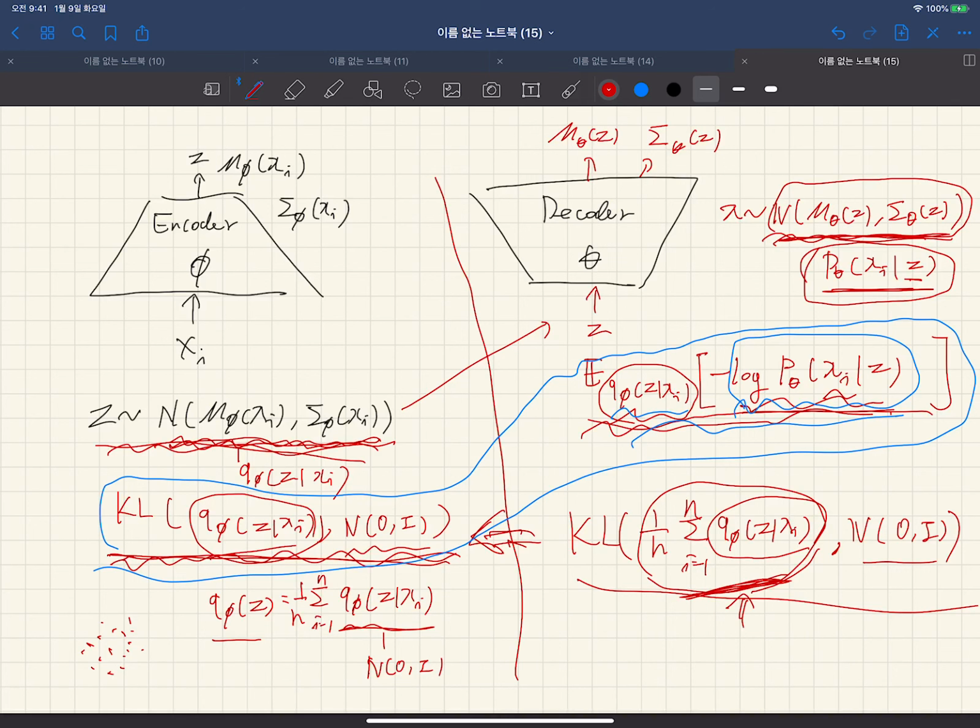That is the key of the variational autoencoder, and that's why the variational autoencoder is different compared to the original autoencoder.